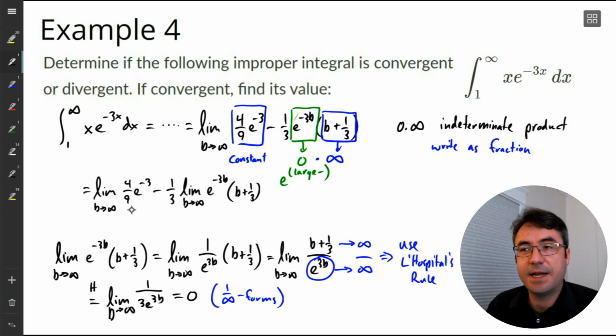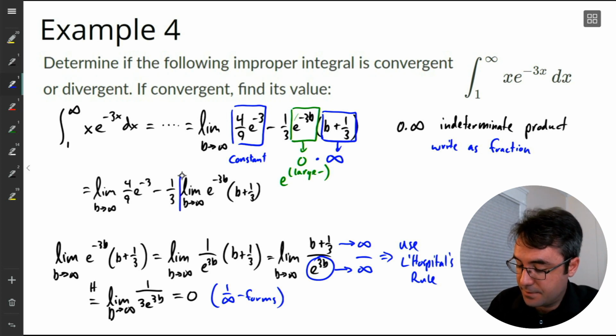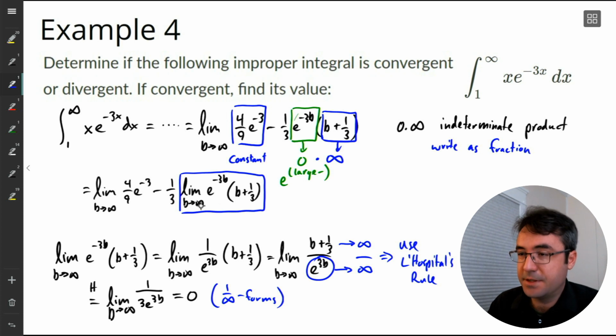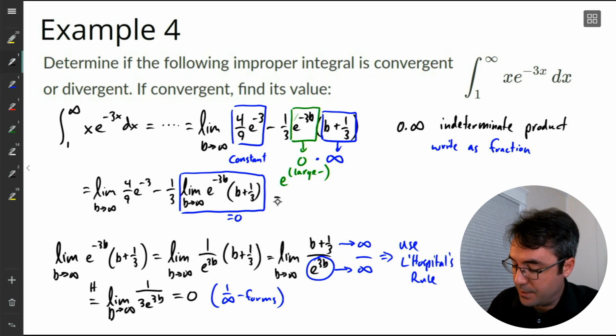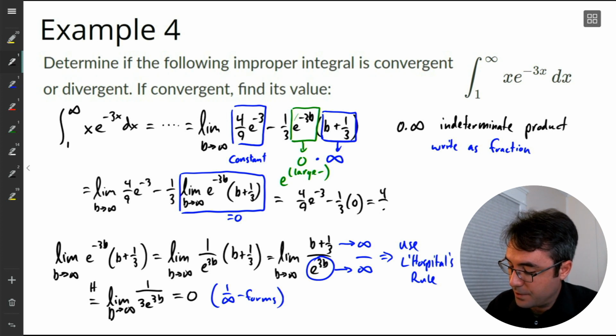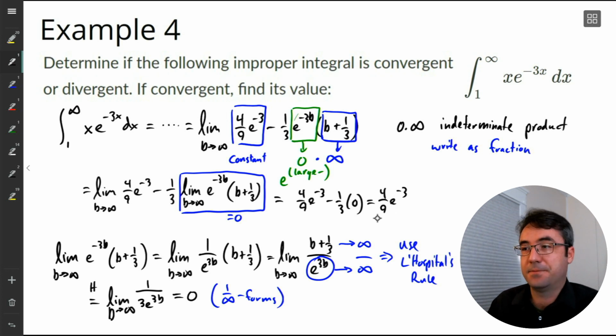So the limit of this constant is a constant, so this is just going to stay the same. The minus 1/3 is a constant multiple, so that's just going to stay the same. And we just showed that this entire limit, took a little bit of work, but that's equal to 0. So what do we end up with? We end up with 4 over 9 e to the negative 3 minus 1/3 times 0, which is 4 over 9 e to the negative 3.